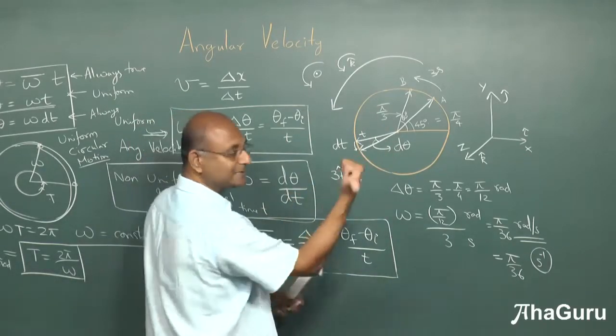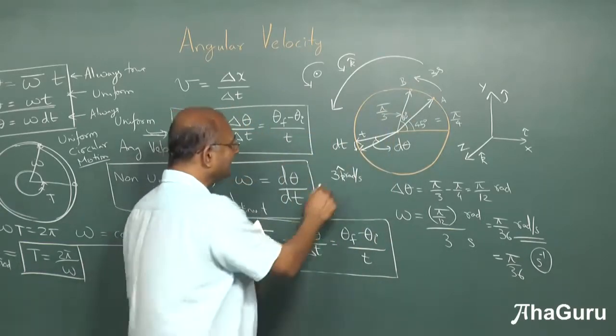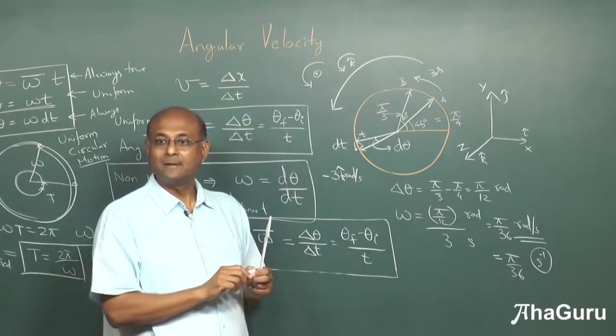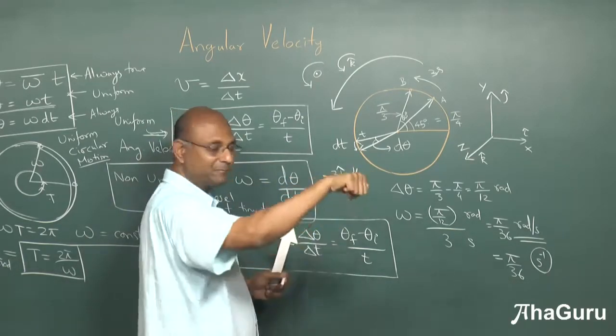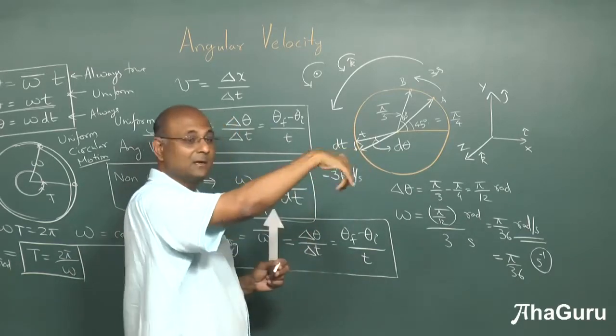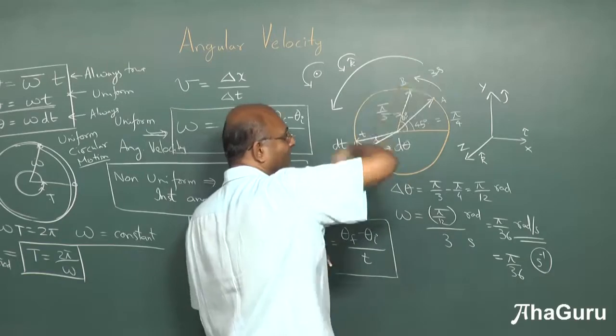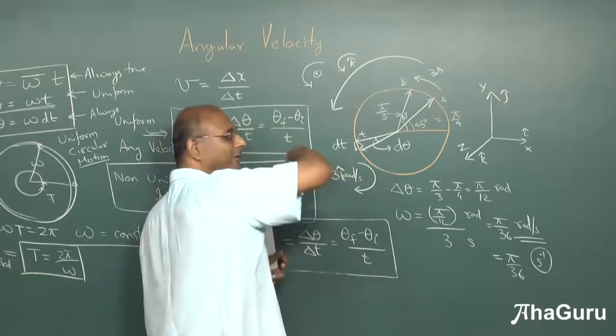Well, 3 k cap means it's pointing like this, which means it must be going anti-clockwise. And if I had said it was minus 3 k cap, that means it is pointing inwards, right? Because that is the k cap. This is the k cap, that is minus k cap. So minus 3 k cap means it is going clockwise. So if this is going clockwise, this is this way. If it was plus 3, it would be going that way.